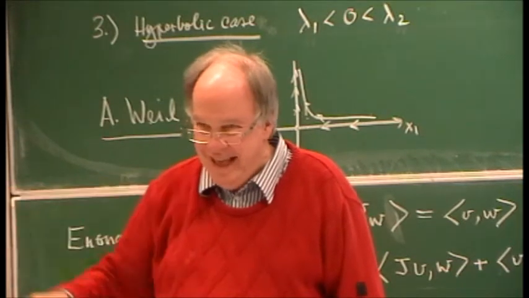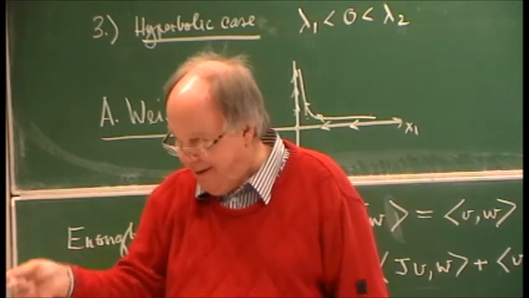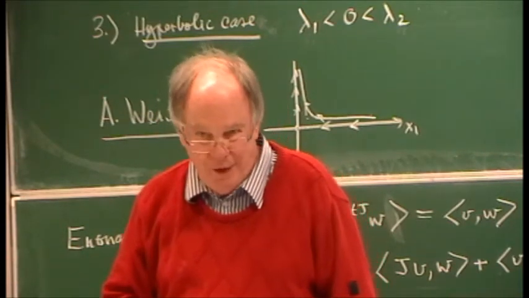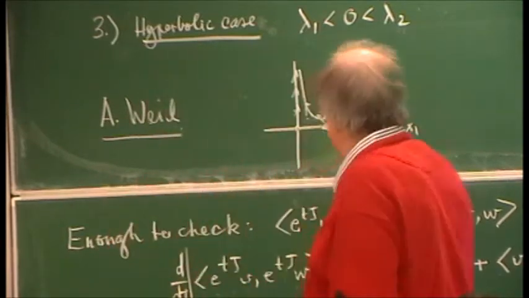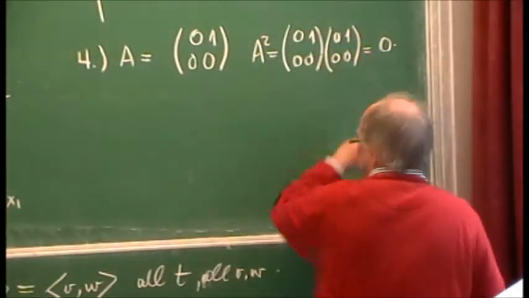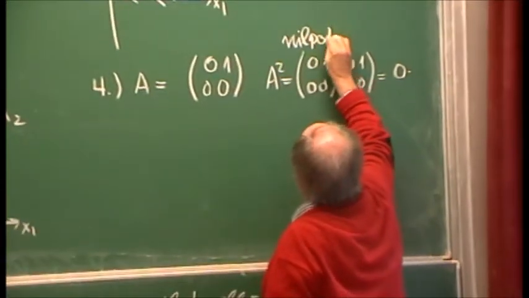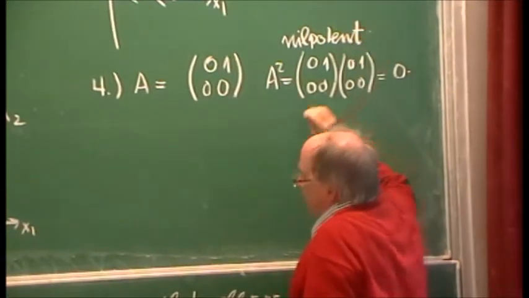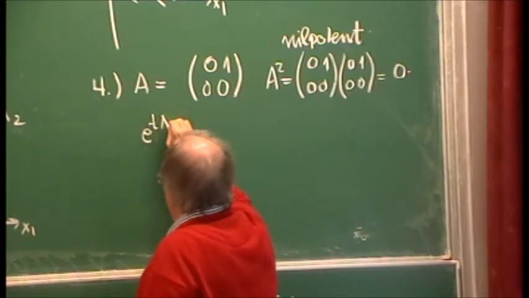Forget it. It's an amazing thing that the exponential map, which is e to the tA, is incredibly algebraic. It stops at degree 1. This operator, because the square is 0, is called a nilpotent operator. And for nilpotent operators, that exponential mapping is wonderful.